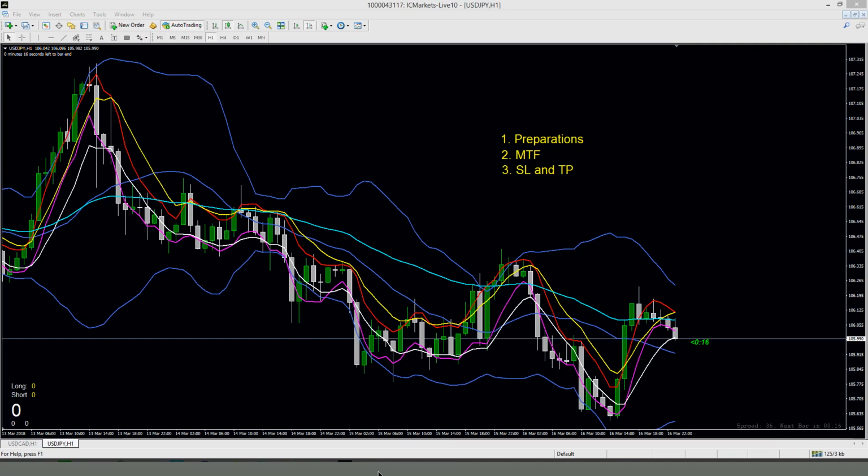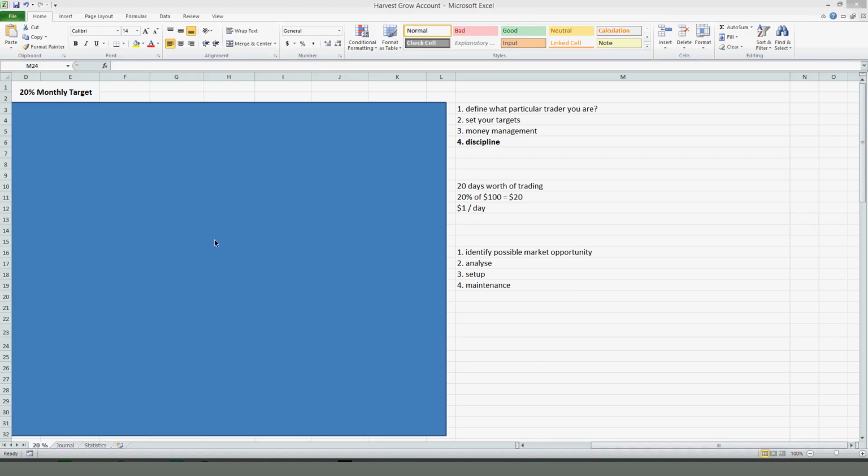So let me just share this Excel spreadsheet. All right, so over here on the right hand side, I have four important things that we need to make sure we have covered.